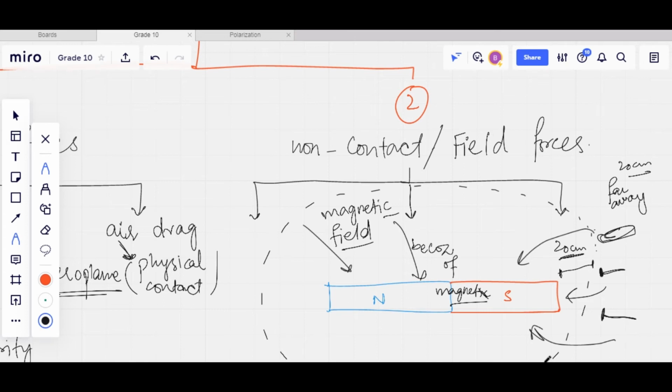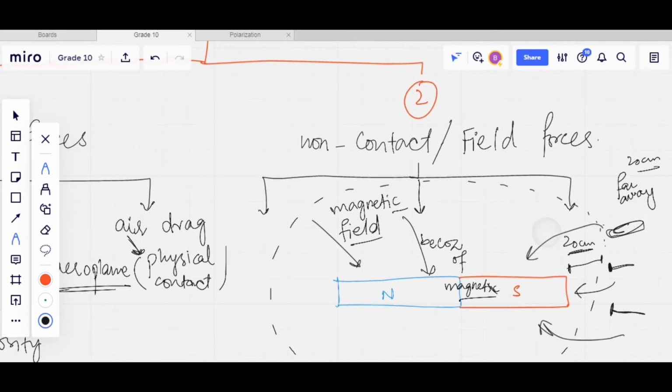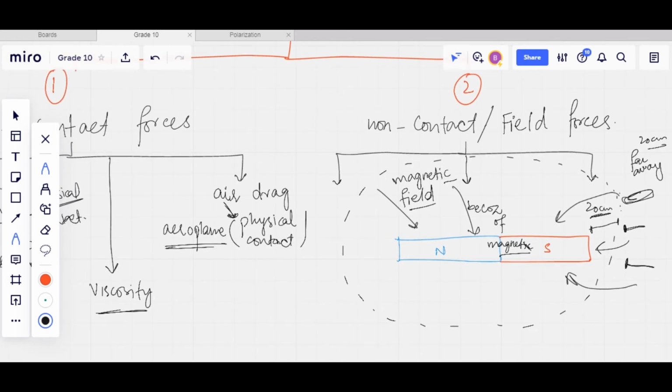So as we have discussed here, the magnetic field is one of the field forces, which is probably because of the magnets. The other field force is known as the gravitational field, which is very famous and very common.